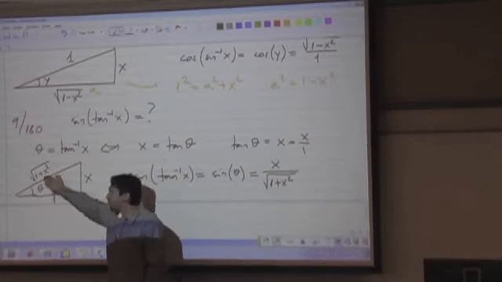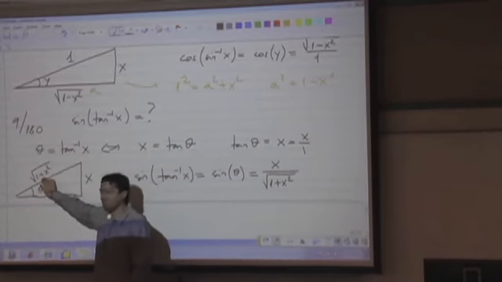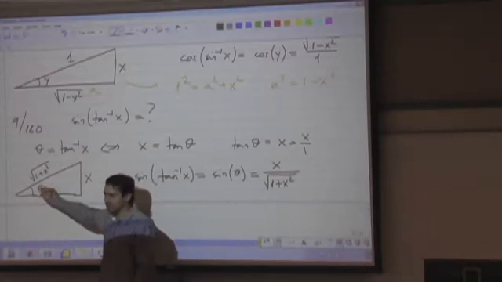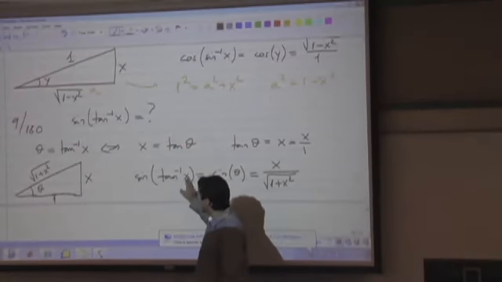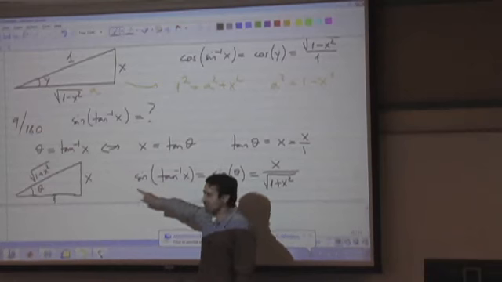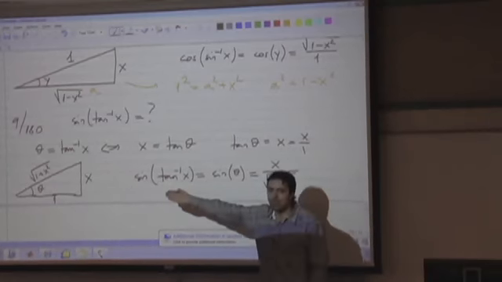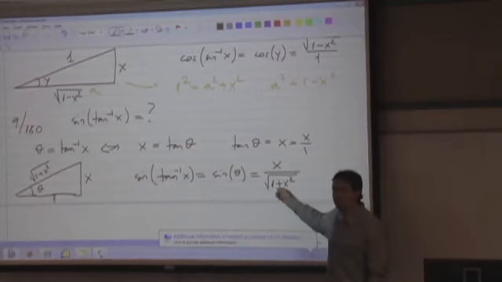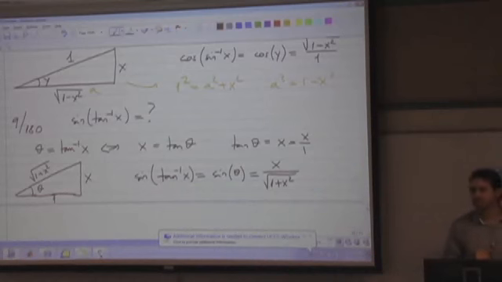Do the Pythagorean theorem. It'll give you the square root of 1 plus x squared. And all I have to do is come back. Tangent inverse of x is defined to be theta, so in essence I'm looking for sine of theta. Look on the triangle and figure out what your ratio is going to be. Okay? Wonderful.